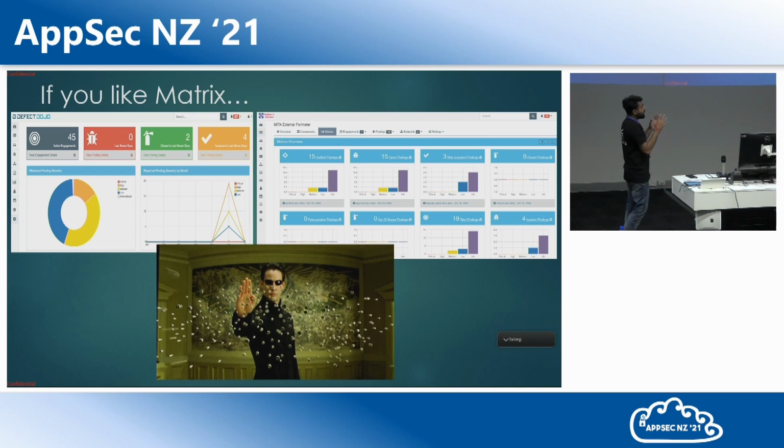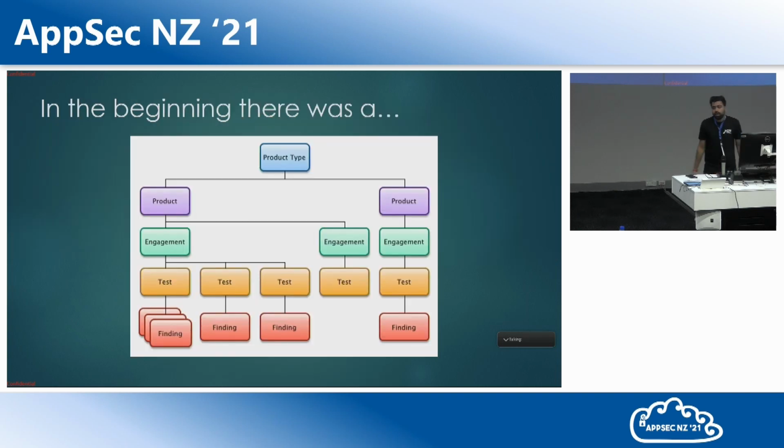It gives you the high-level view of the vulnerable state of all your endpoints under that product. And DefectDojo has a workflow, starting from product type all the way to test and finding. I'm going to explain each one of these quickly in the next slides.